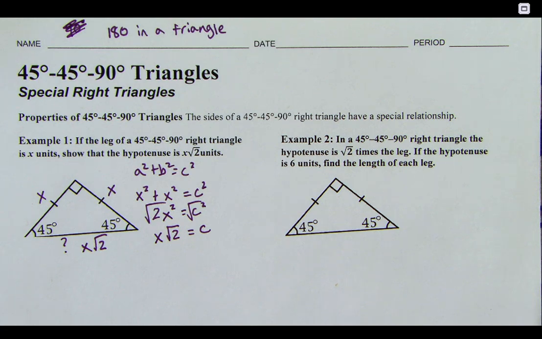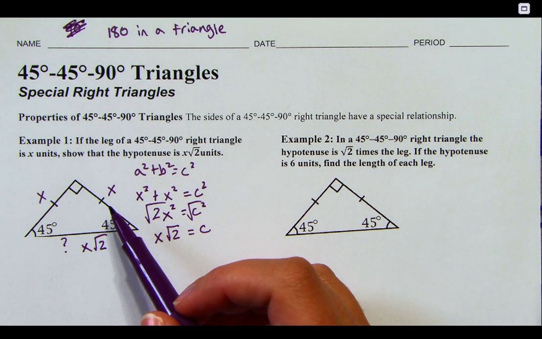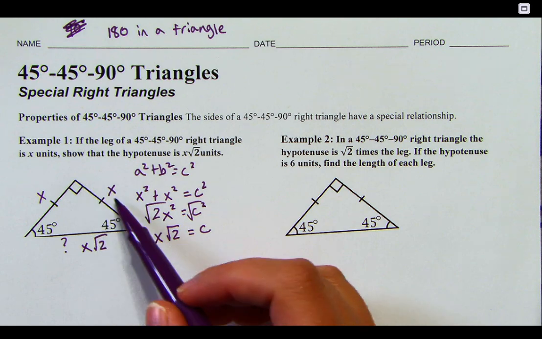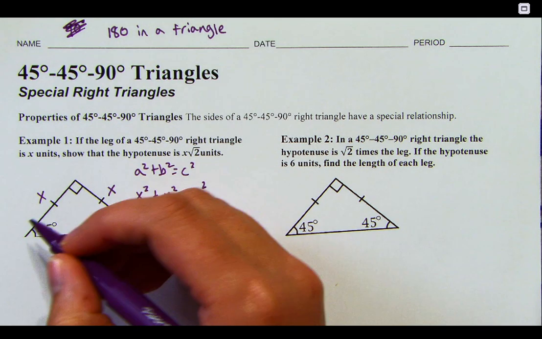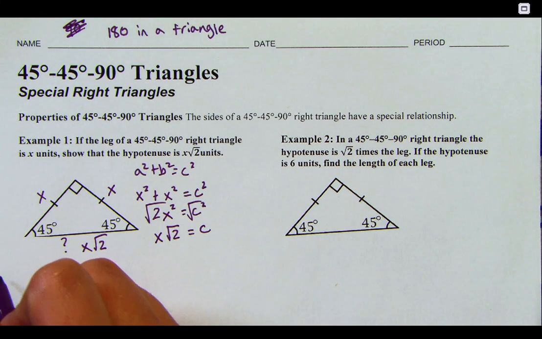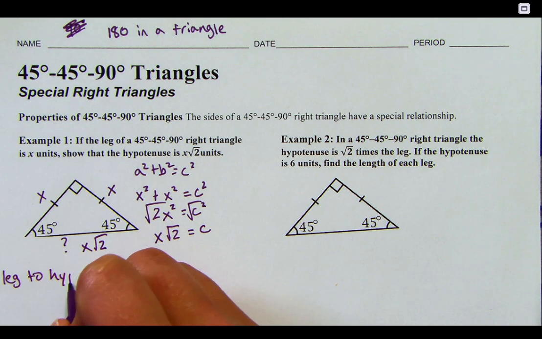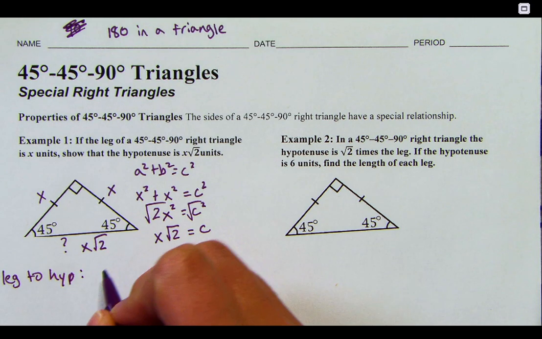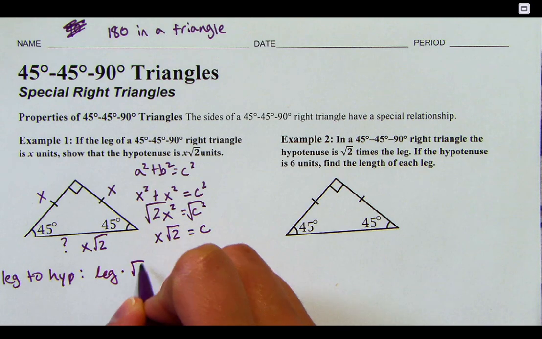Anytime we know a leg, we also know the other leg, and we can just take that leg times the square root of 2 to get the hypotenuse. So if we're going from the leg to the hypotenuse, we take the leg times the square root of 2.